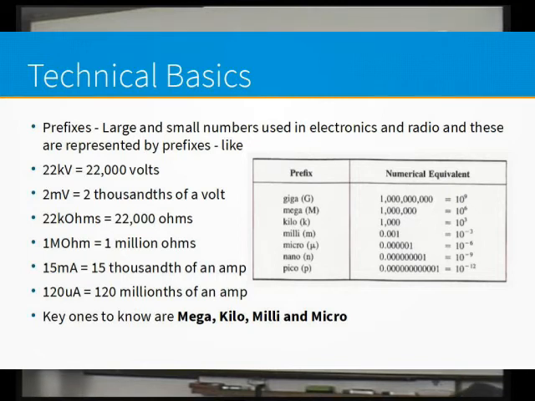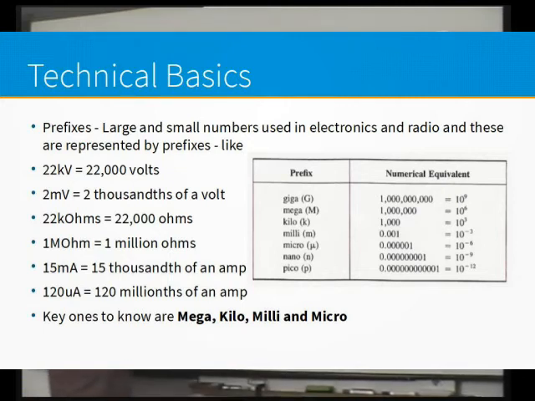The ones that we are concerned about in the foundation license assessment are the ones in the middle. You don't need to know all of these, but the mega, kilo, milli and micro. So mega is a large number and it's a million. So it's 10 to the 6th, there's 6 zeros after that.